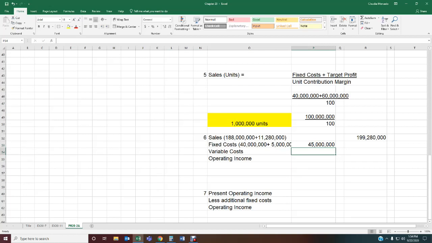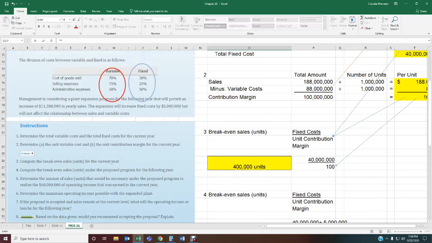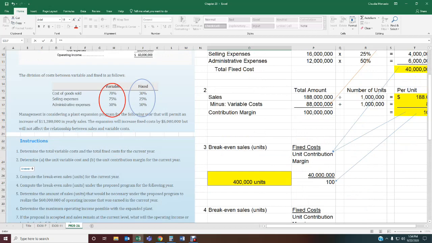Now to calculate your variable cost, let me do a little asterisk here so we can know how we're calculating it. Okay. So your variable cost is going to be your increase in sales. So it says here that my increase in sales are 11,280,000.